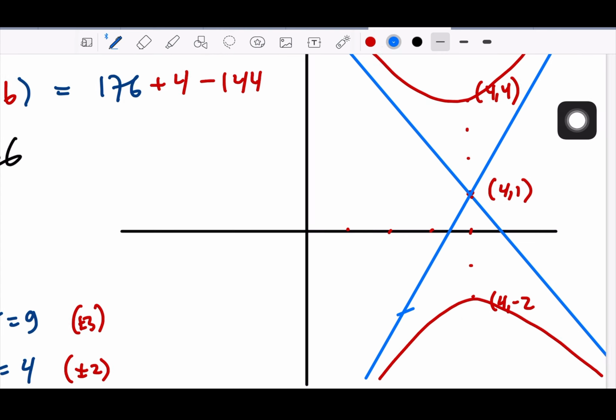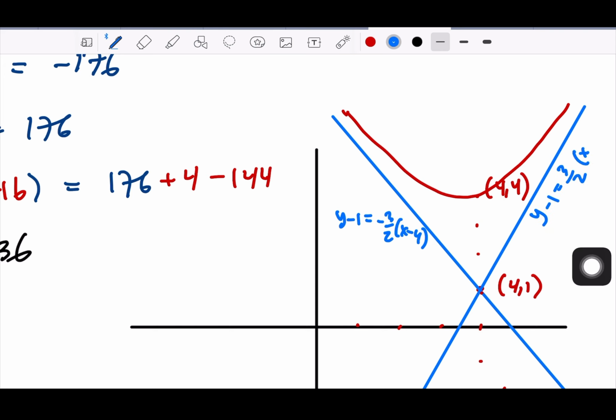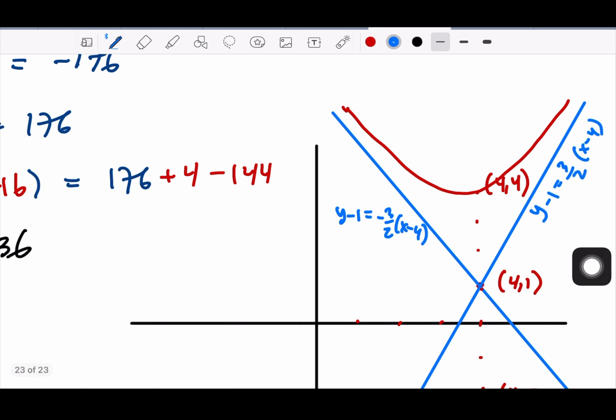Okay, and the asymptote, we can write the asymptote. This will be y minus 1 equals negative 3 over 2 times x minus 4. This one is the positive 1. And then what else?